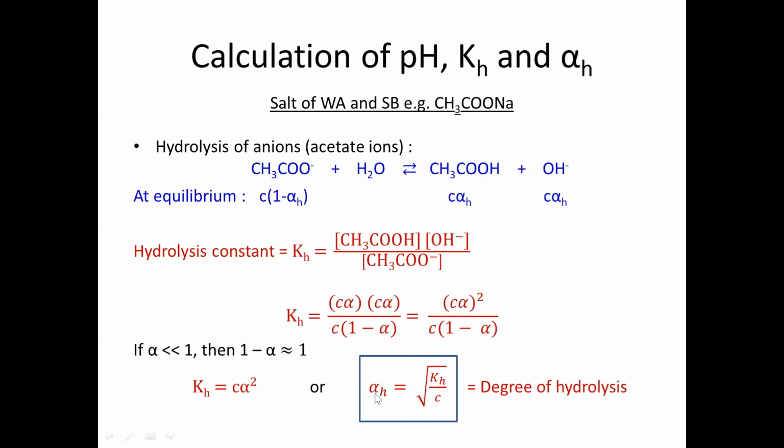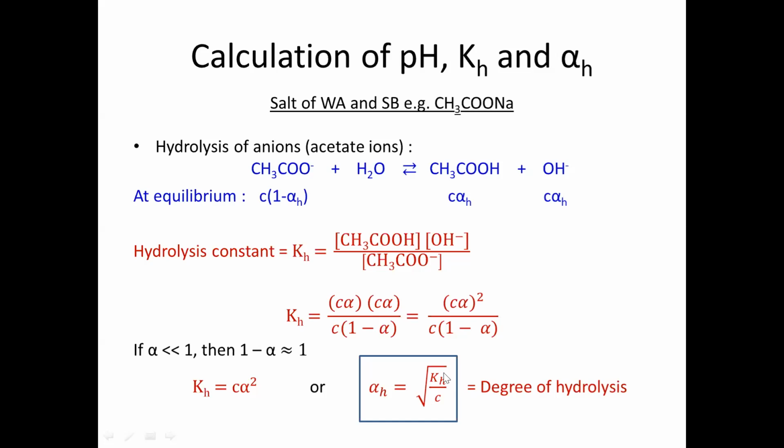And from this, we get our equation for the degree of hydrolysis, that is, alpha H is equal to under root of Kh upon C. That means if we know the hydrolysis constant for a given hydrolysis of the anion, we can calculate the degree of hydrolysis, and also if we know the concentration.